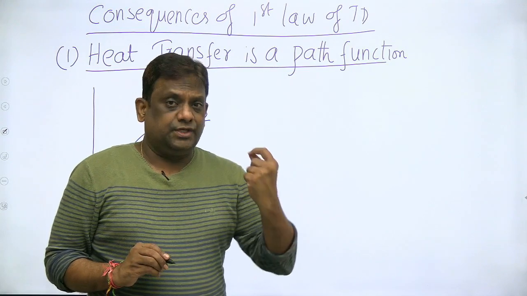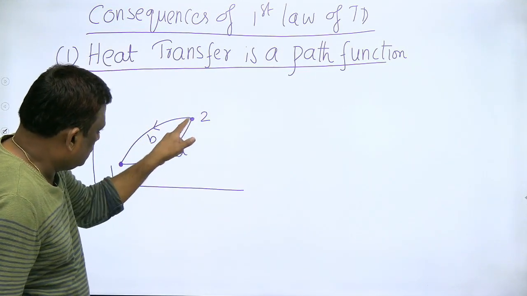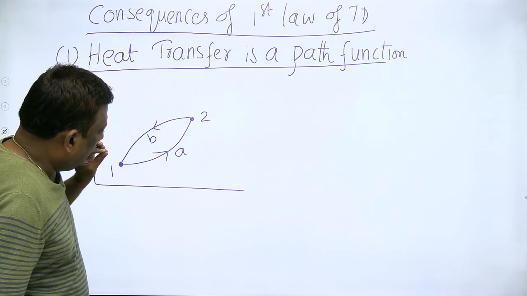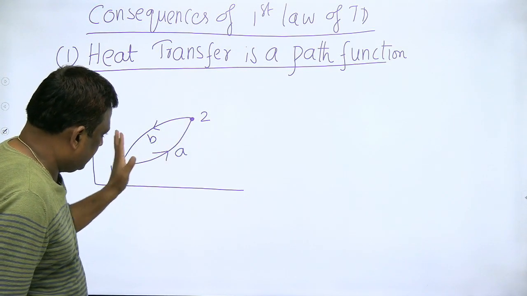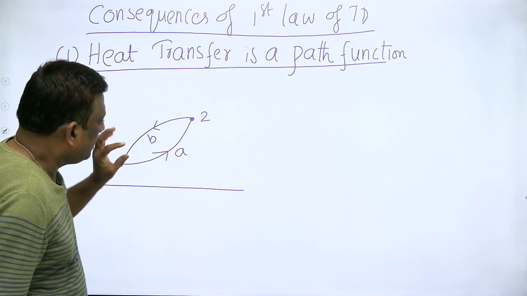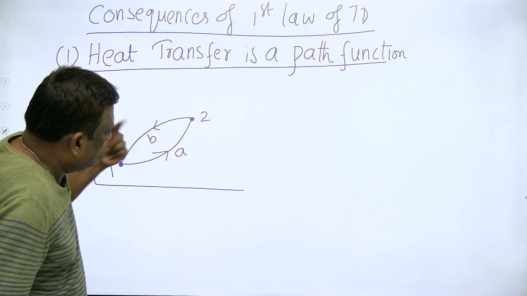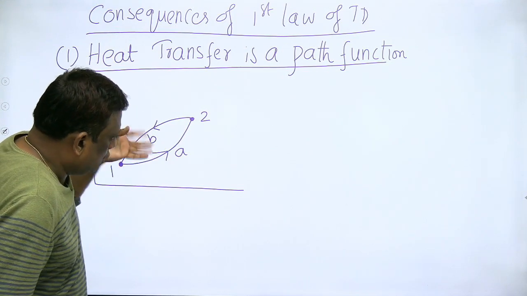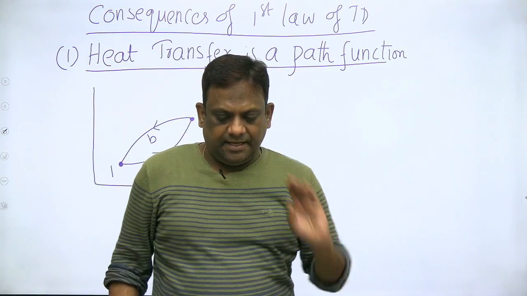Sigma Q is equal to sigma W. There are two processes, 1A2 and 2B1. So two processes means two heat transfers and two work transfers. Calculate the heat transfer in this, the heat transfer in this, the work transfer in this, the work transfer in this. Add both heat transfers, add both work transfers. So sigma Q is equal to sigma W. This heat transfer plus this heat transfer, that is sigma Q, should be equal to this work transfer plus this work transfer. That is my first law for a cycle.